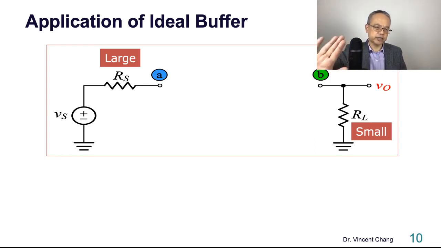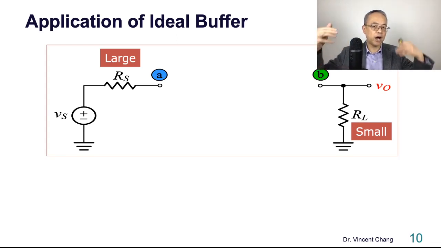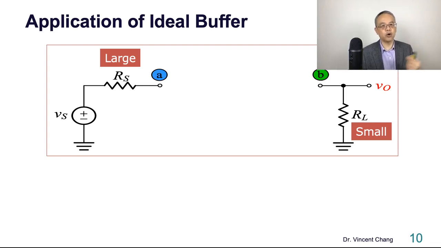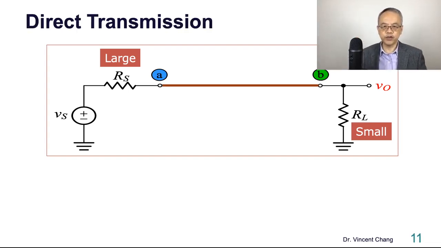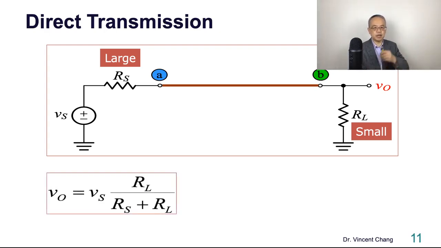So this is actually a worst case scenario, right? You have a high resistance source and a low resistance load. You try to transmit the signal from a high internal resistance signal source to a low resistance load. If you do a direct transmission, based on the voltage divider rule, the relationship between VO and VS is RL divided by RS plus RL.